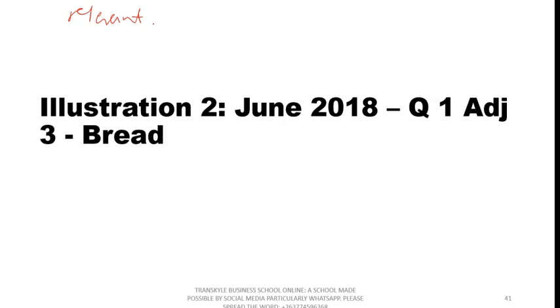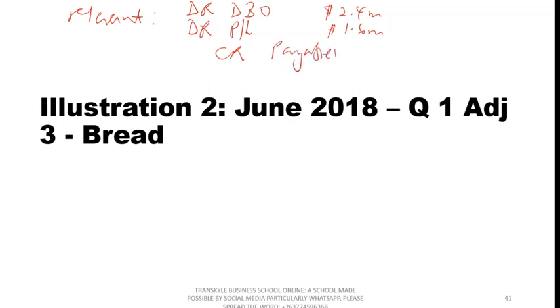So the following entry is relevant, where we are going to debit DBO with how much? The amount of the liability, 2.4 million, and we are also going to debit profit or loss because there's been a loss there of 1.6, and we are going to credit the payable. So this is a future payment which we are going to pay.